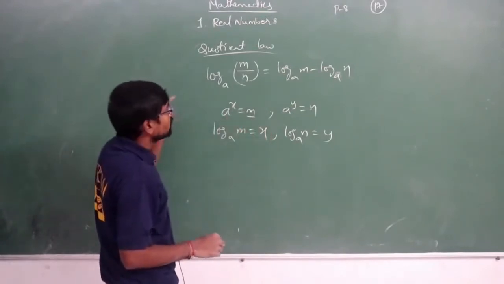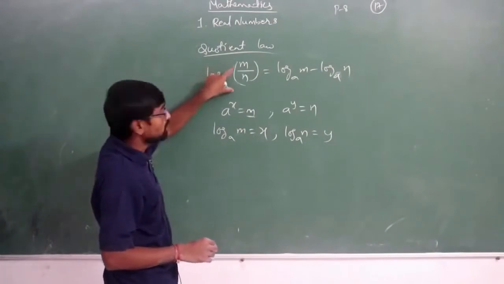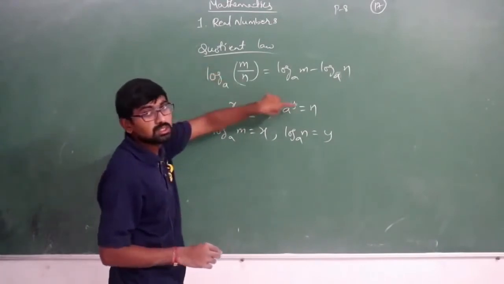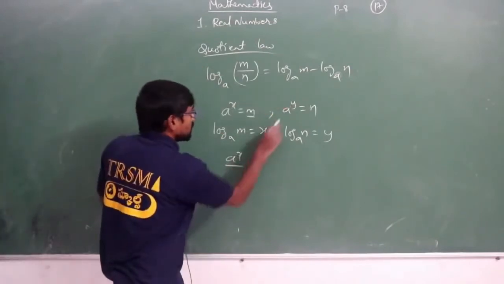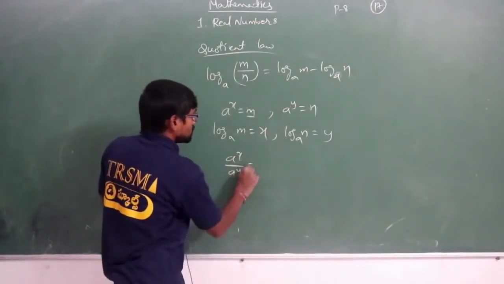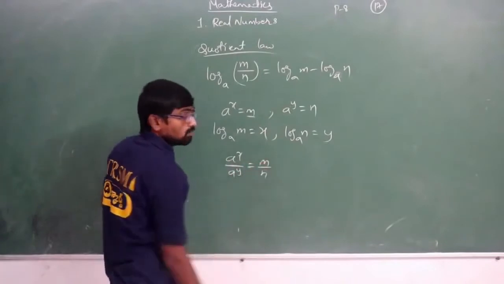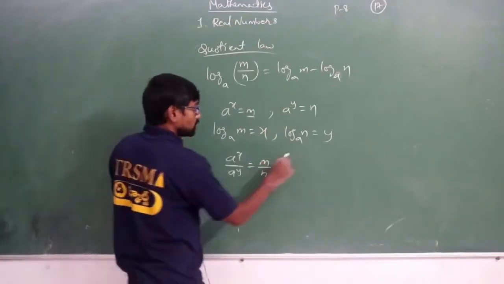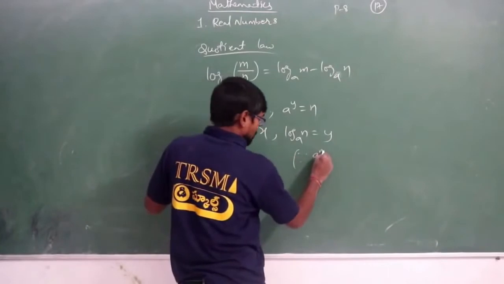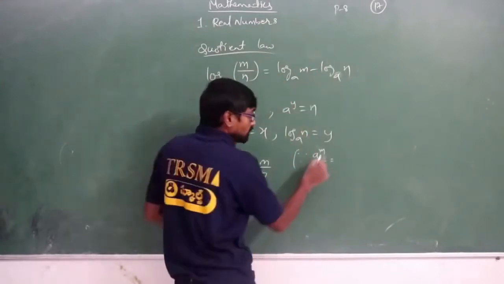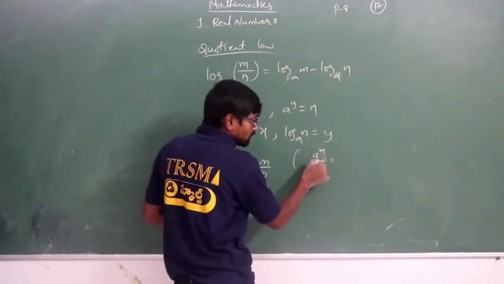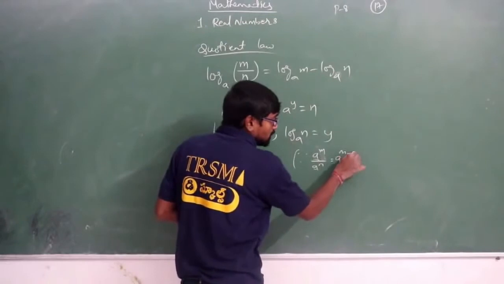Now what are we doing? For the quotient, we need to divide these exponents, isn't it? So a power x divided by a power y is equal to m divided by n. Since we have the exponents formula, whenever the bases are equal and they are dividing, the powers will be subtracted, isn't it?